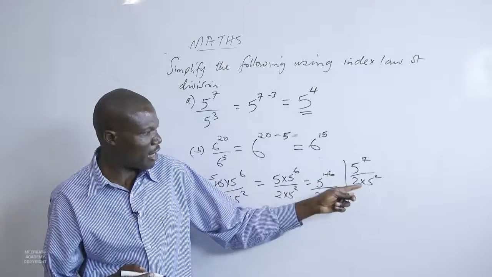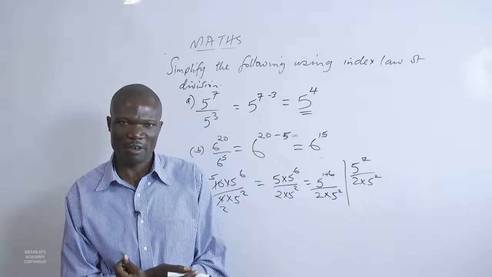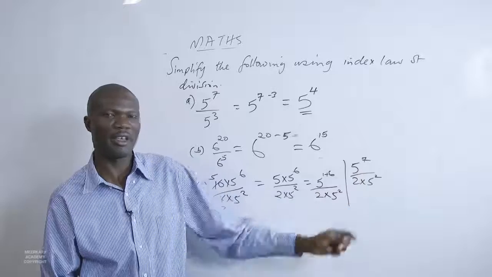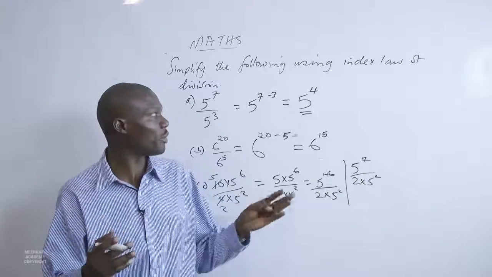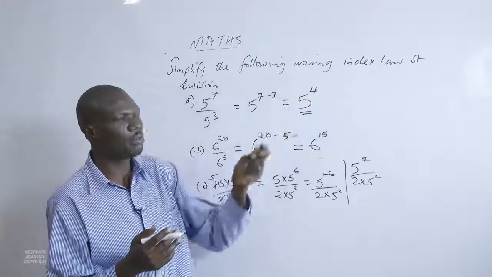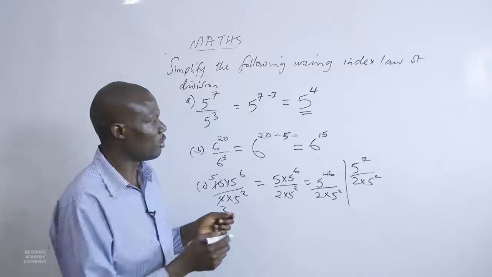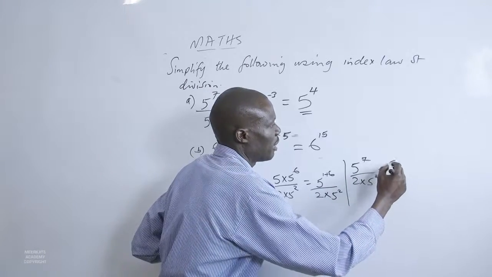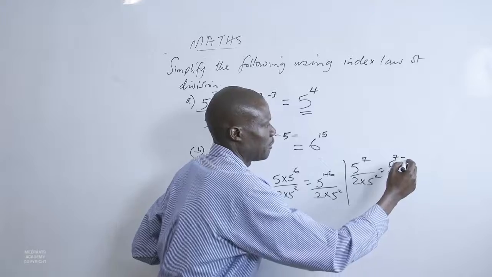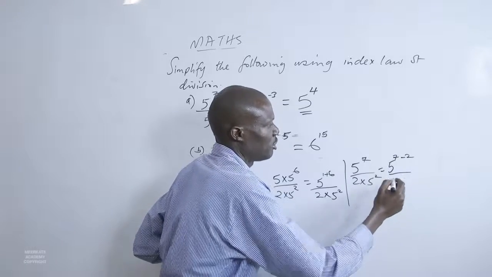The base here is 5. The base up there is 5. So we can apply the law of division, which will give us 7 minus 2 over 2.